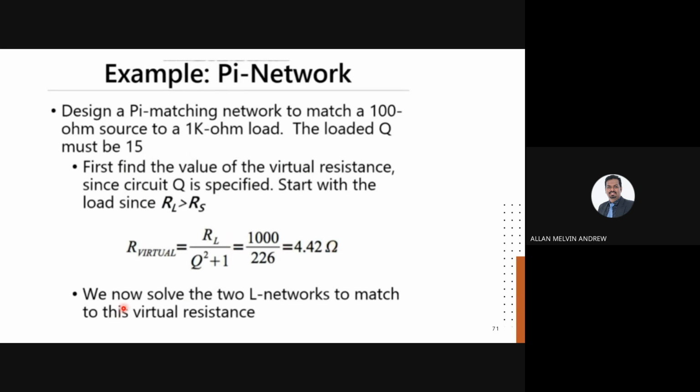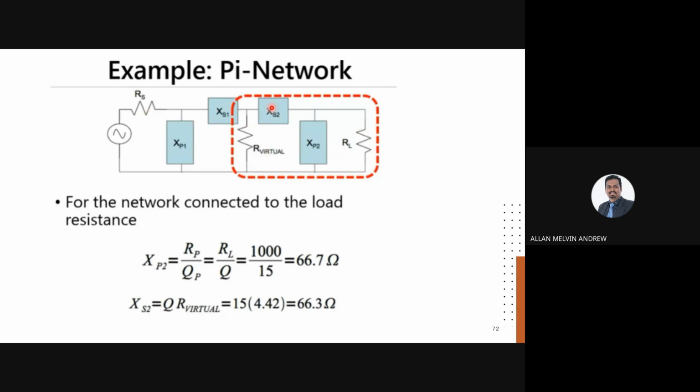Okay, so we now solve the two L networks to match to this virtual resistance. Once you find out the virtual resistance, then you can start to solve the other L network, for the network connected to the load resistance. So we start from the behind.